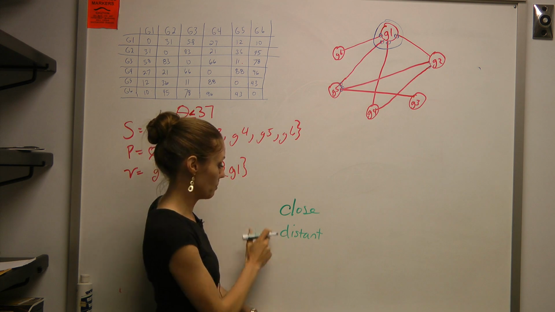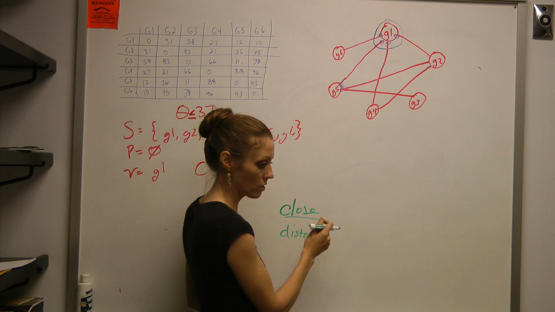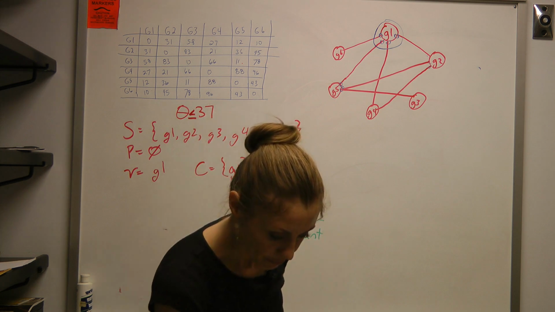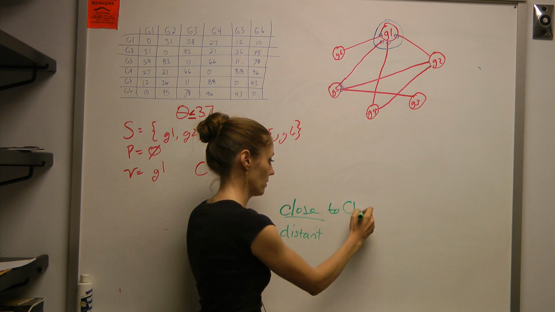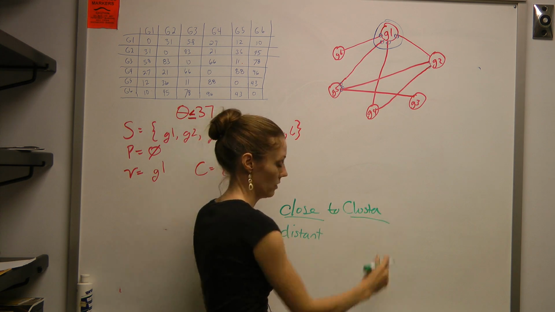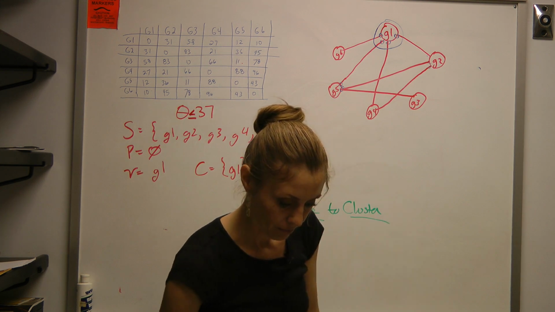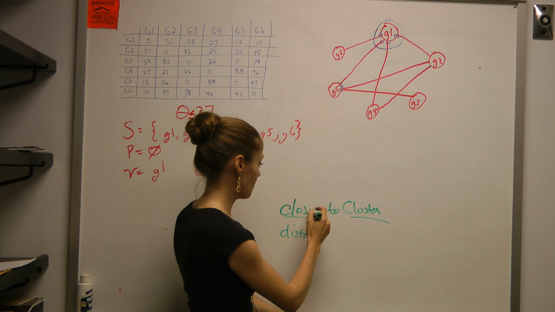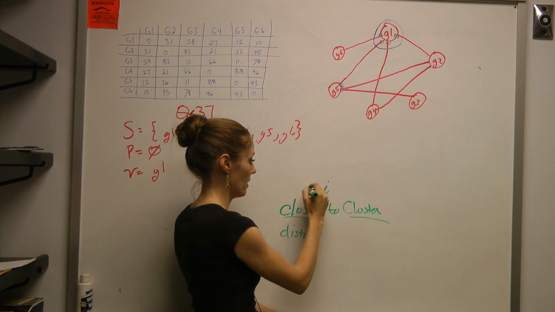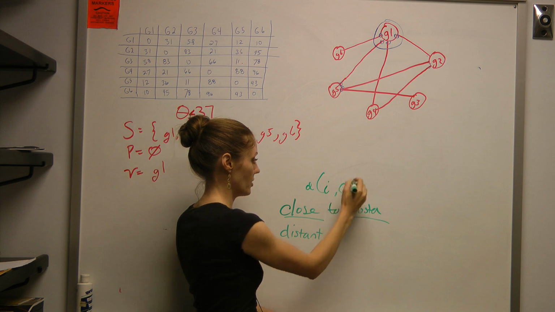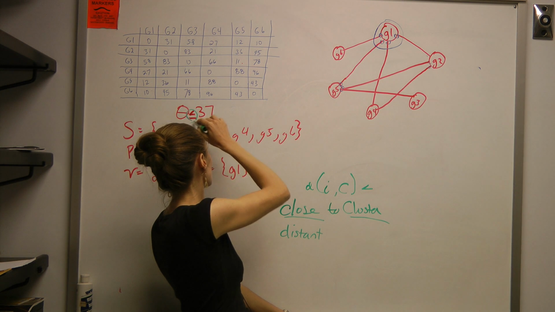They have specific attributes about them. So a gene is close to a cluster if the distance between the gene, we'll say gene i, and that cluster is less than, and I'm saying less than or equal to.